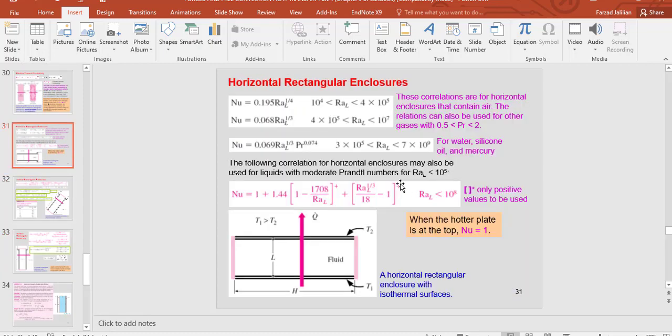Now we will see how we can calculate the Nusselt number for these three different types of orientation of the rectangular enclosures. As you can see here, we can find the Nusselt number for an enclosure with this orientation and configuration.